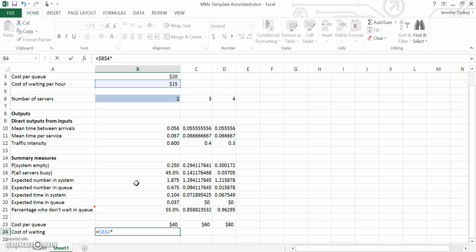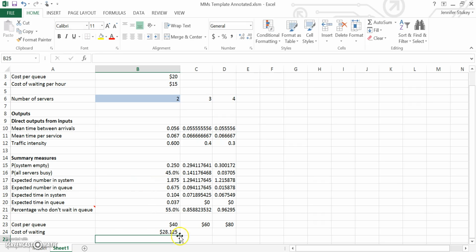If it was only in line, then you would use B18, but since it's in line and being served, we use B17 because we are using the entire system. Okay, so it costs $28.125 per hour for the customers to be in the system if we have 2 queues.